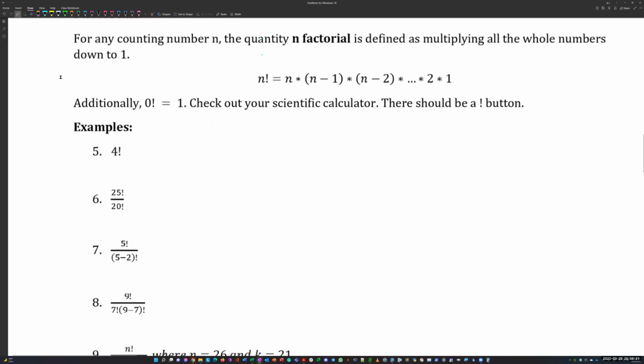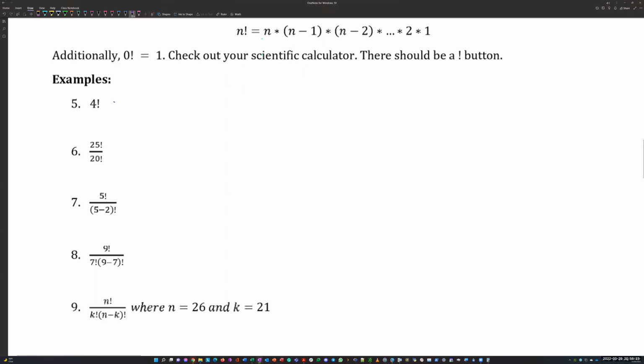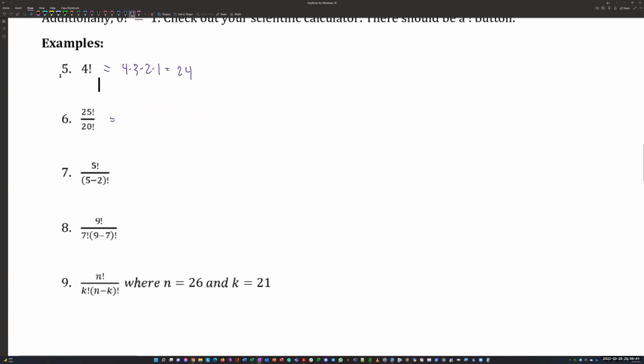Okay. So 4 factorial really just means 4 times 3 times 2 times 1. So that's 4 times 3 is 12 times 2 is 24. All right, the reason why they're showing you this is because this is the way we end up calculating a lot of these different problems.